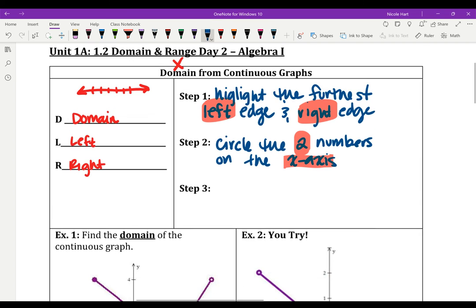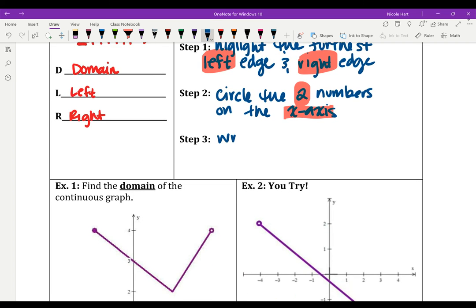And then our third and final step is going to be write it like this. And it's going to look like left number, that's going to be a less than sign, x less than right number.